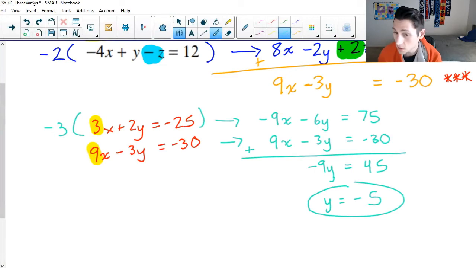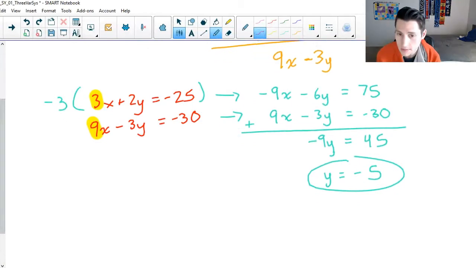We need to solve for all three variables. Solve for x, solve for y, solve for z. But that's fine. So let's just go back to one of those red equations, the ones that just have the x and y in them, and pick either one of them, and let's plug in y equals negative 5. So I'm just going to pick that first one.